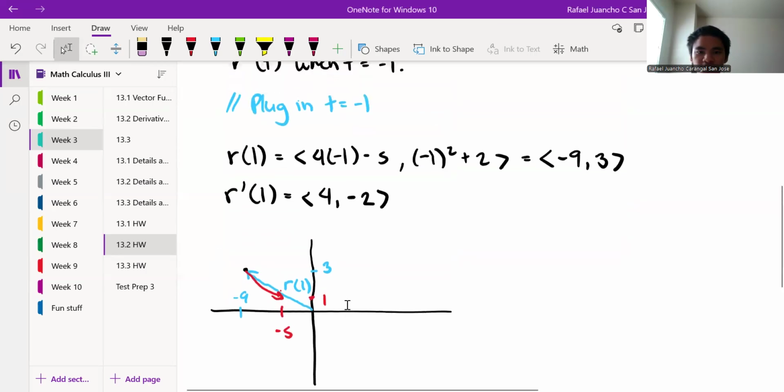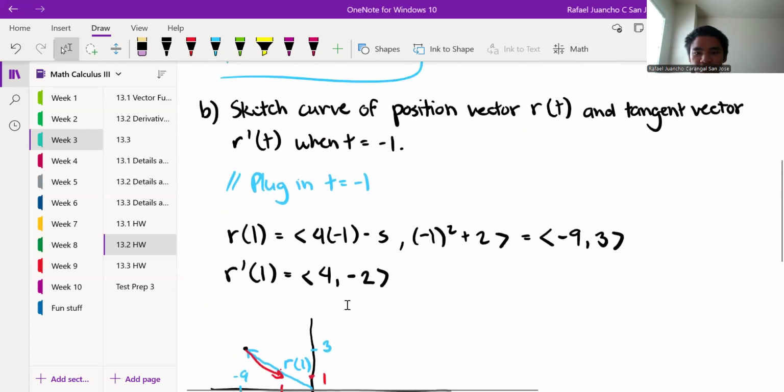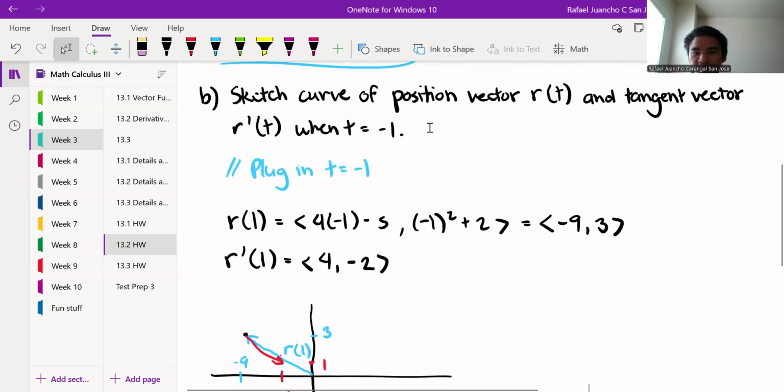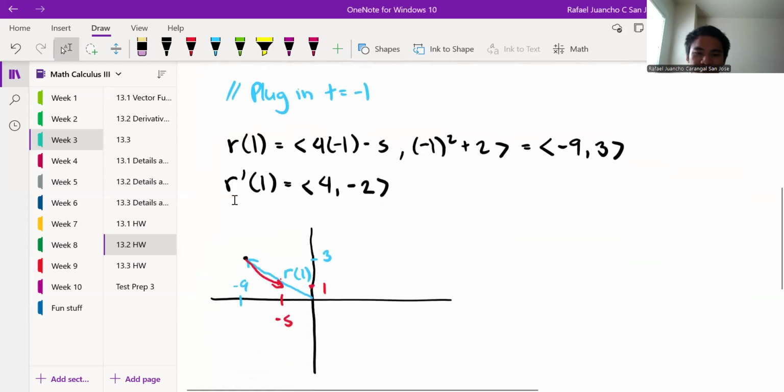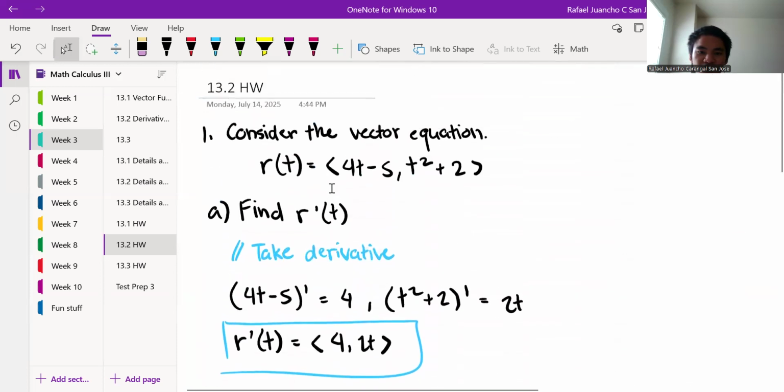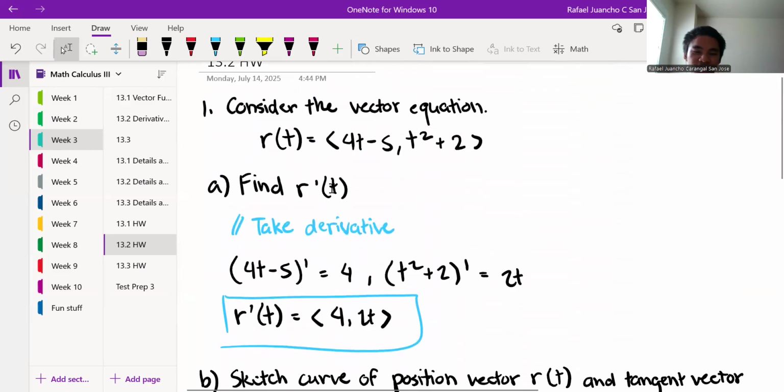Yeah, so another way we will be able to actually sketch the position vector and the tangent vector, or at least a bit more accurately than the one I did, is to find the curve or the path at which the particle or the object is moving, or the point.